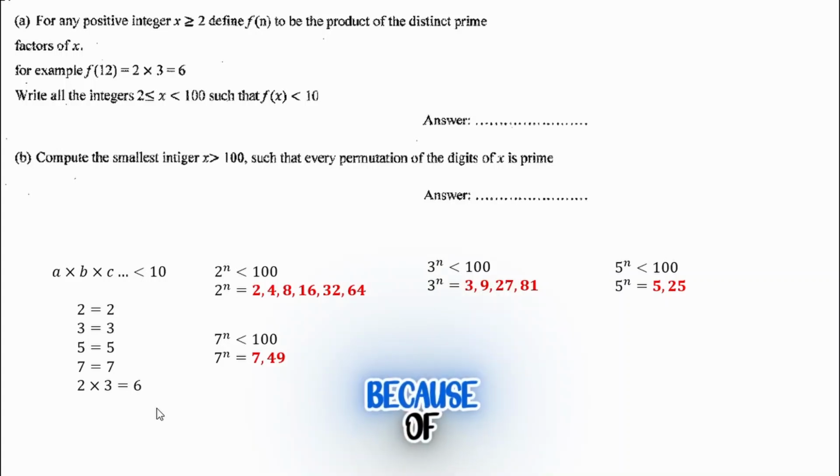So because of that, now we're moving on to 6 to the power n. Although we have 2 times 3, first I'm moving on to 6 to the power n because this final equal value here is 6. But still there are more, okay? First I'm going to find 6 to the power n.